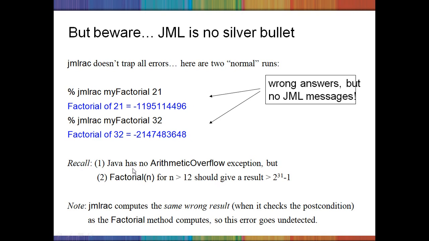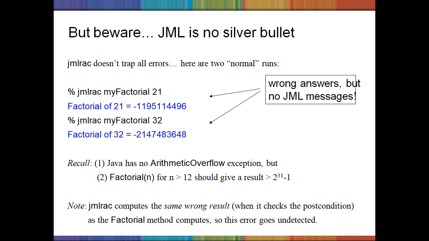So recall, Java has no arithmetic overflow exception, but a factorial of n for n greater than or equal to 12 should give a result greater than 2 power 31 minus 1, which is not possible for Java integer values. That is the reason the output is going into a garbage value.